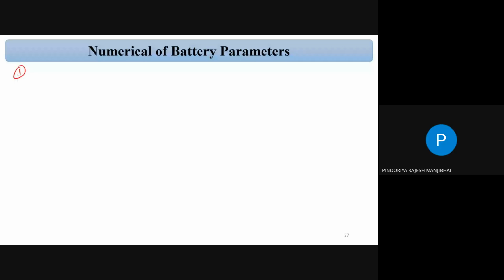First, battery pack voltage. So we can say the V cell is equal to (3.74 plus 3.58) divided by 2.